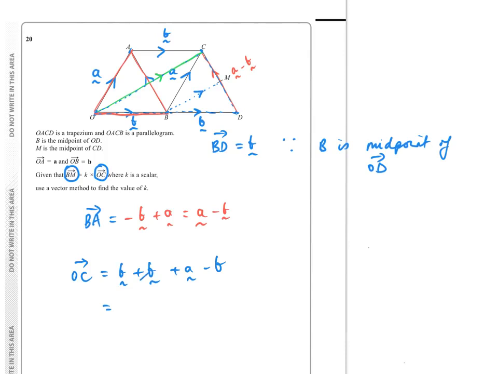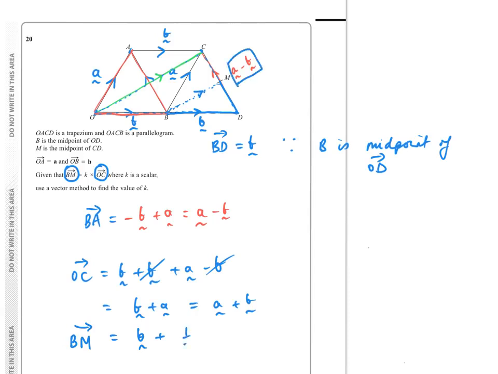So what have we got here? We've just got b plus a, or a plus b. So if I want to go B to M, then that's that journey here, and I can just go b plus half of a minus b, because M is the midpoint of CD.